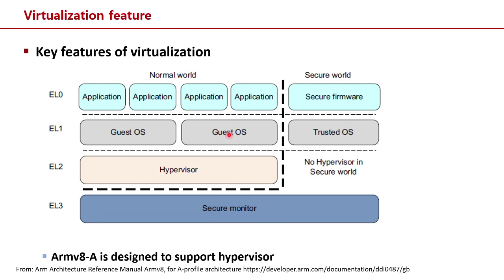Another important thing you have to remember is the trap. Sometimes control is passed on to the hypervisor if the software is running specific assembly instructions. Those kinds of assembly instructions are the HVC assembly instruction or the WFE assembly instruction.